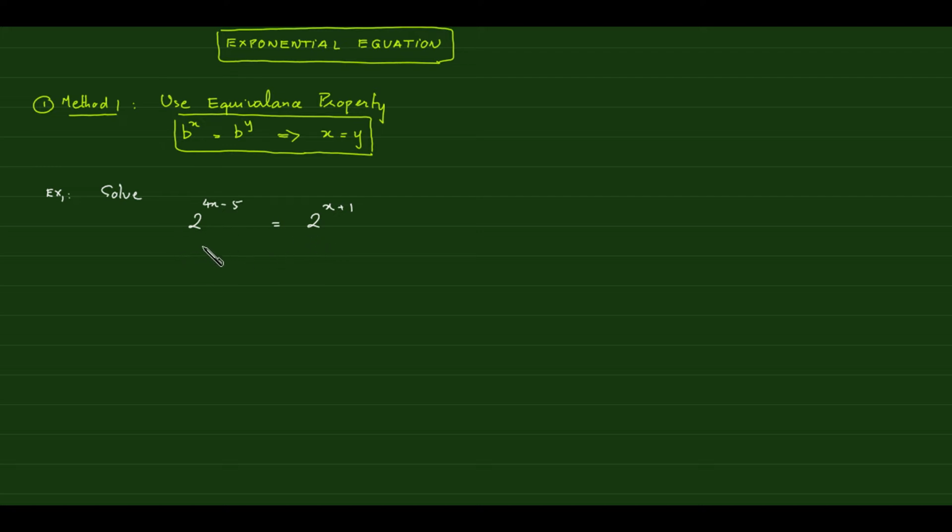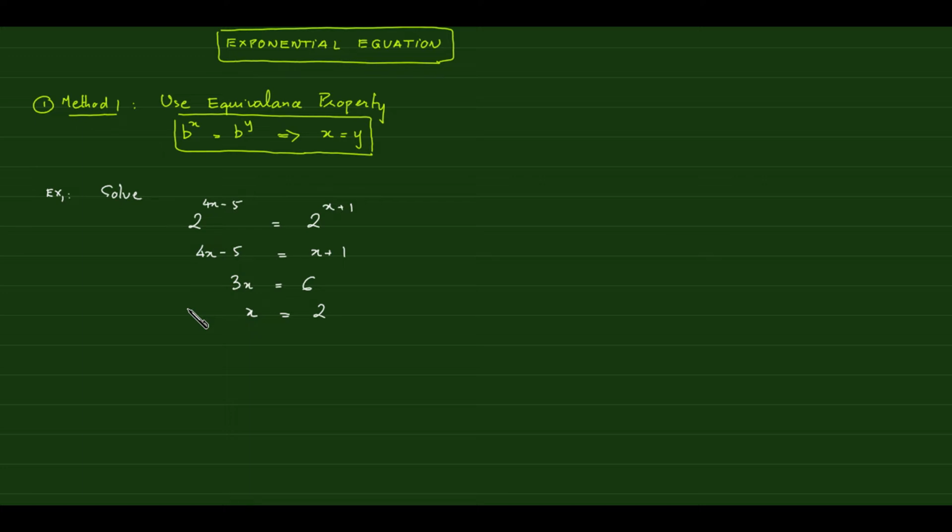If I apply the equivalence property, I can set the exponents equal to each other. After I set up the exponents equal to each other, you see that it becomes a very basic linear equation. Now I can solve for x. Then x equals 2. Subtract both sides by x, add 5 to both sides. So as long as you have the same base, you can set up the exponents.